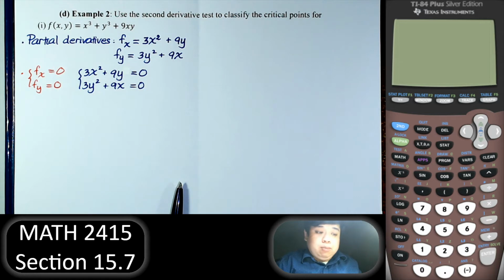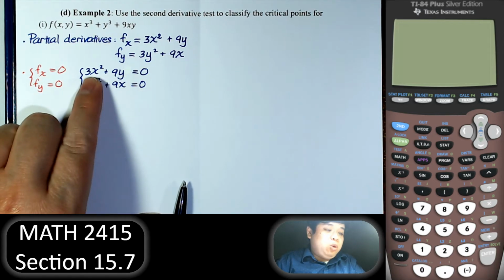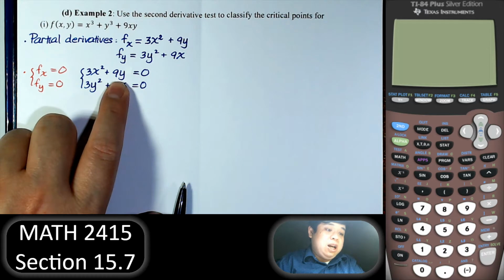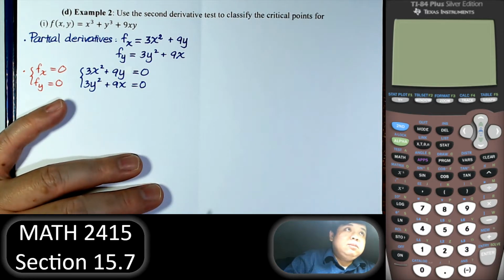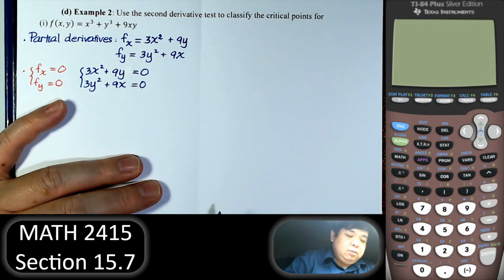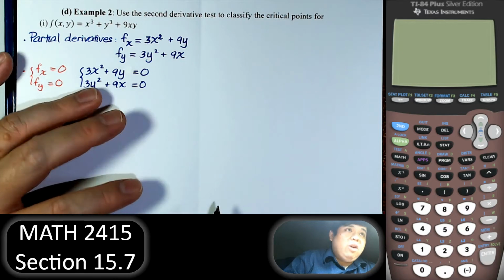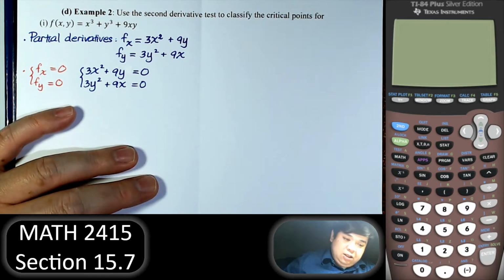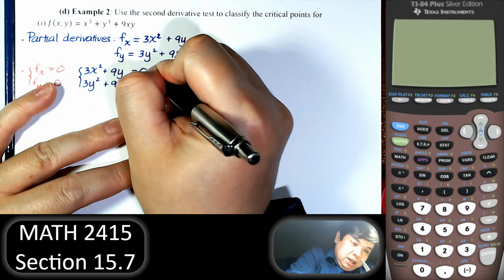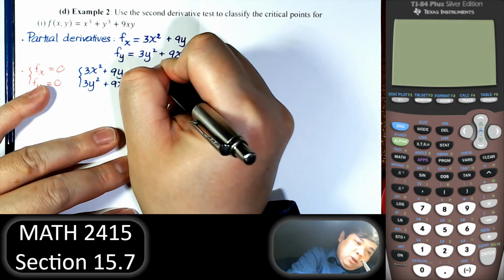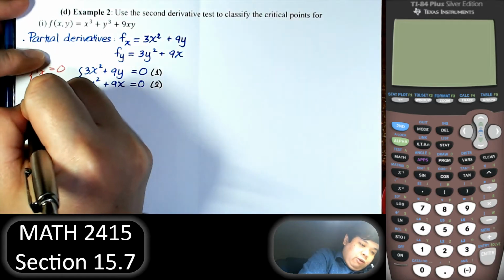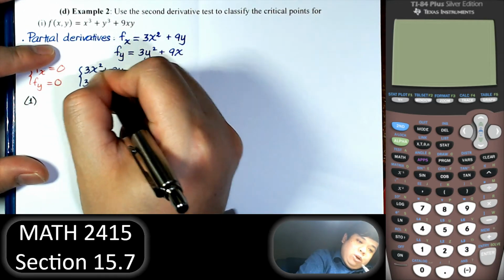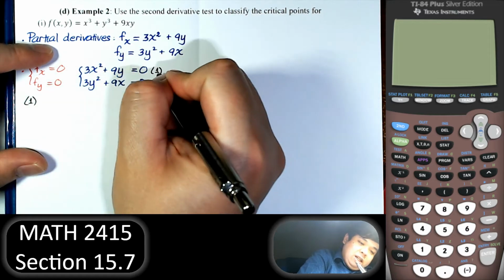Alright, so let's use substitution. If we have 3x squared plus 9y, we can solve for y in terms of x, or we can solve for x in terms of y. Now, let's call this the first equation, and this is the second equation. For the first equation, we have 3x squared plus 9y equal to 0.